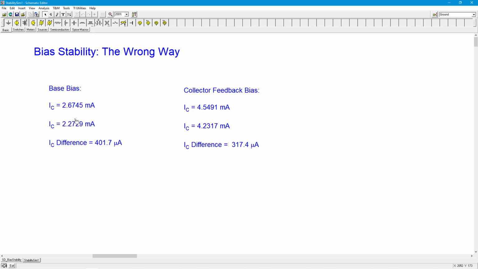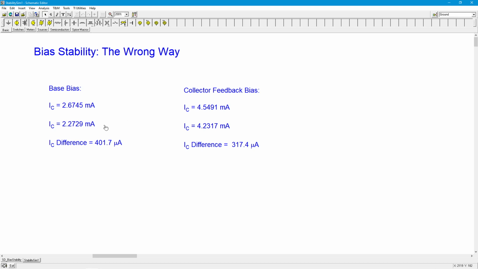These are sitting only around 2.5 mils. So 400 microamps out of 2.5 mils is a much bigger change than 300 microamps out of 4.5 mils. Does that make sense? You have to compare it against the foundational level, if you will.